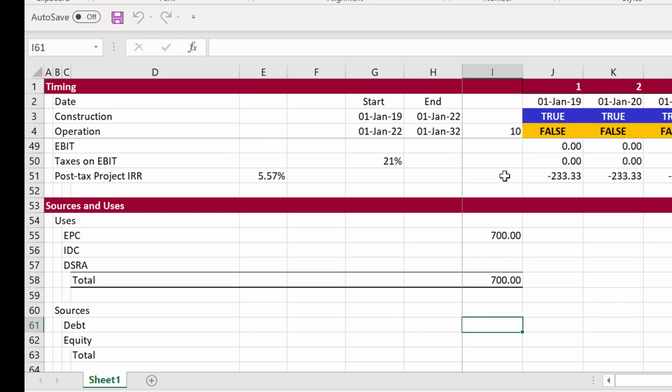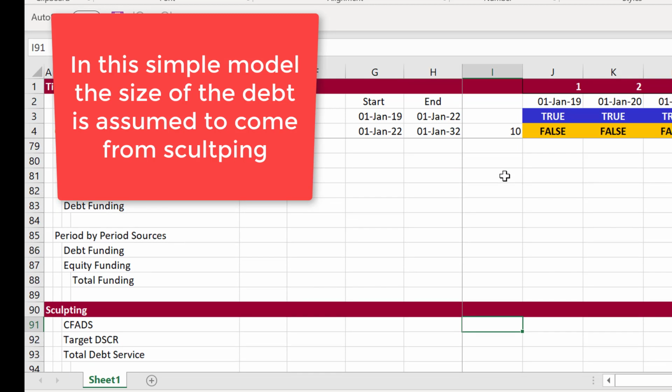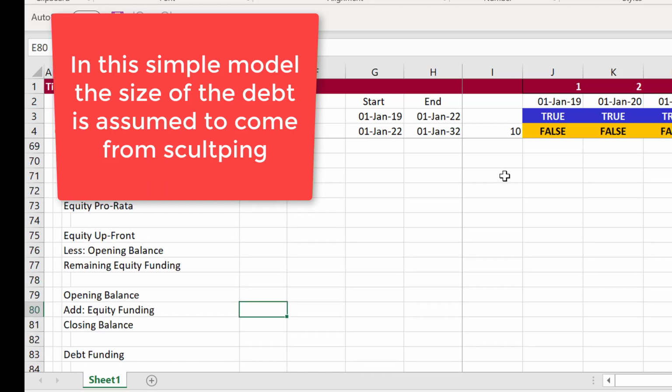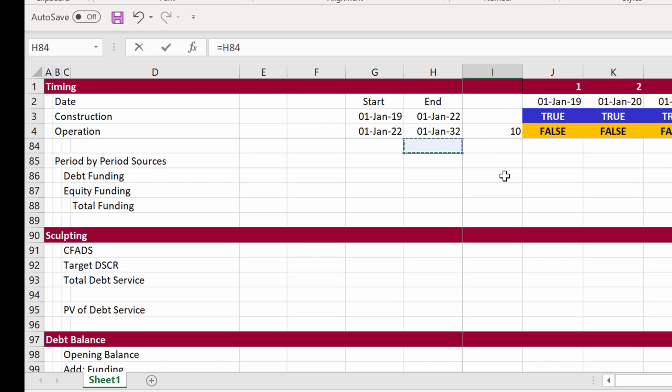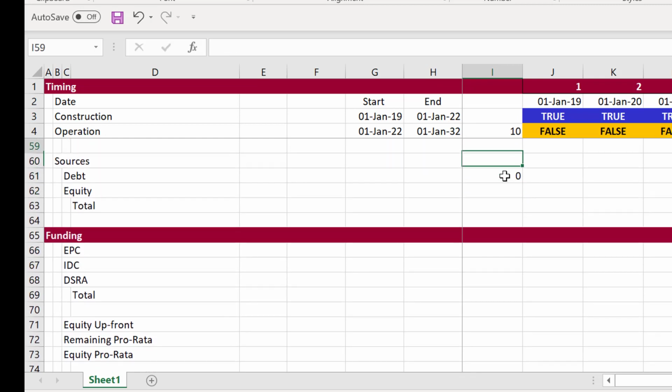Now the debt, that also comes from below. That comes from downstairs in our sculpting section. And I think I'll put the PV of the debt service here. Perhaps this one I'll go ahead and fill in. Okay, and let's go down and kind of do it, whatever that means.